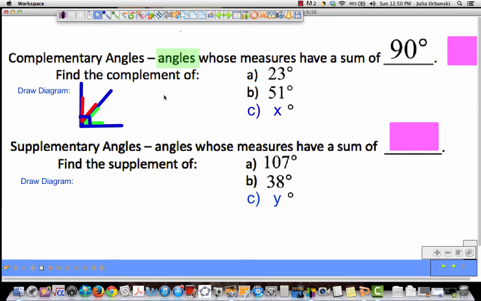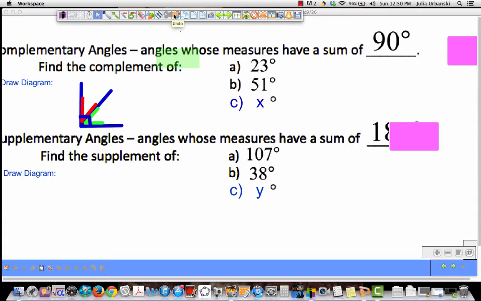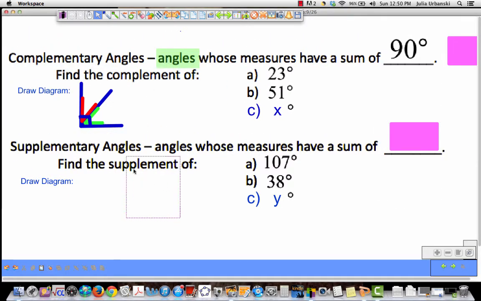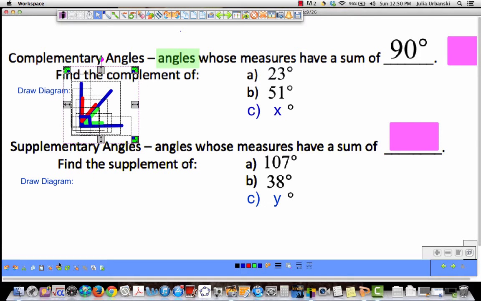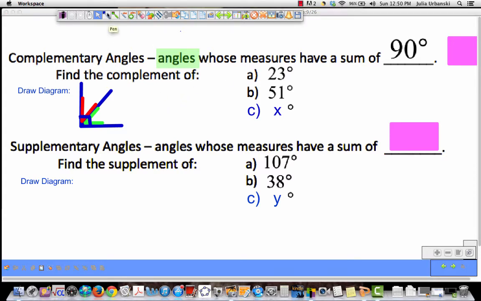So in our example here, find the complement of 23. If you have these two angles here and one angle is 23, go ahead and if you can just watch this. You don't have to draw it. 23 here.